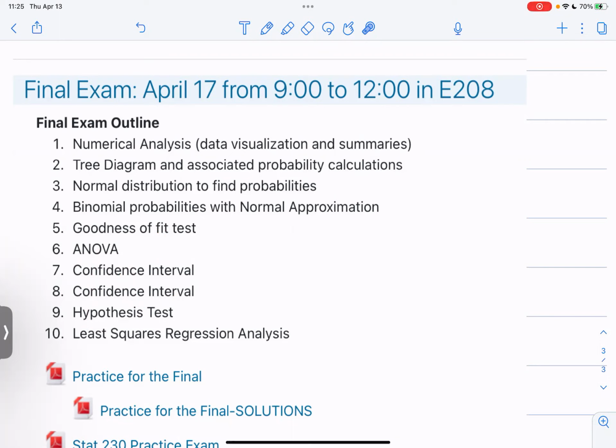Question 1 is from chapter 1, numerical analysis. That's where you're going to have to do the 5-number summary, check for outliers, look at a histogram, and say what the box plot would look like.